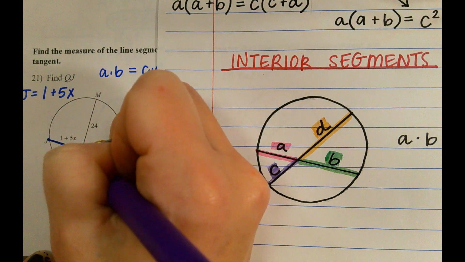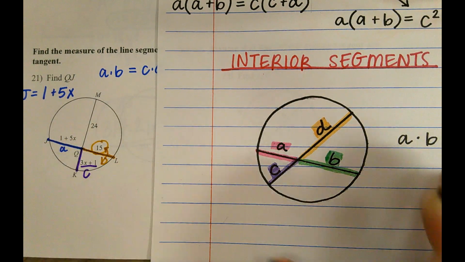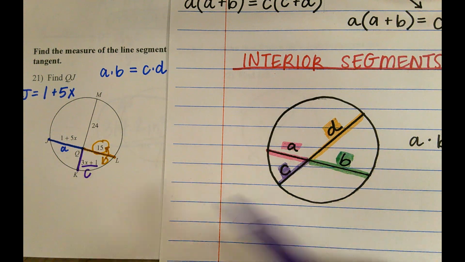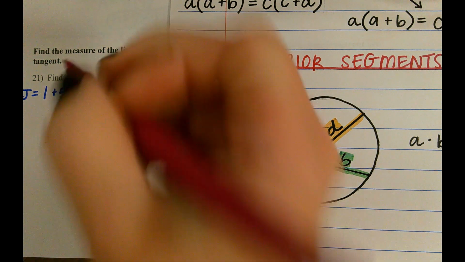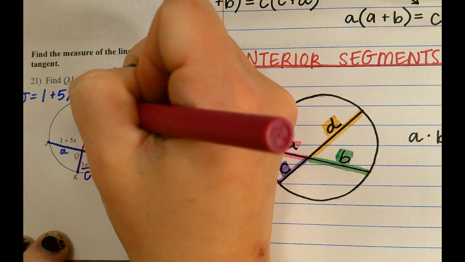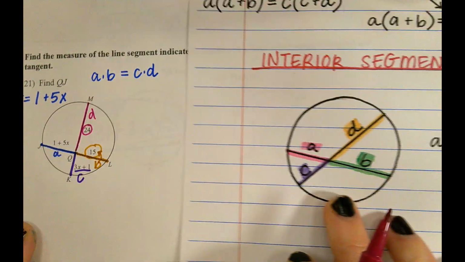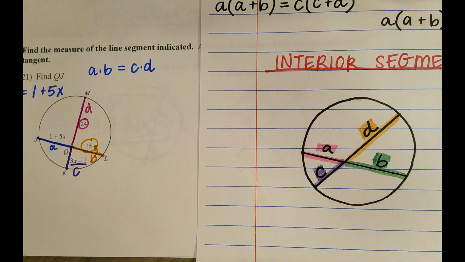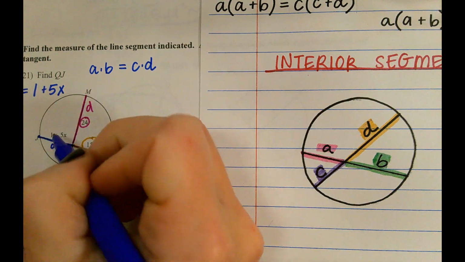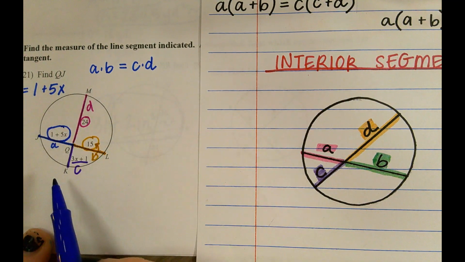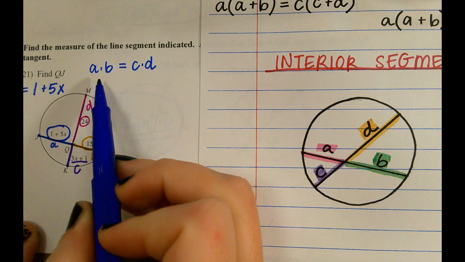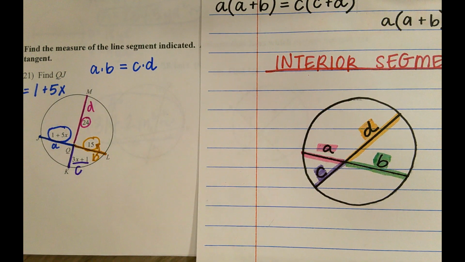That is my C. And D is the only thing left, 24. So all we need to do now is put these in our formula.